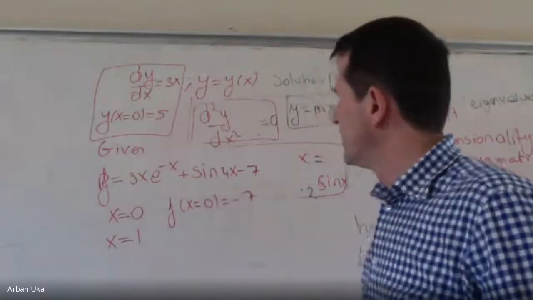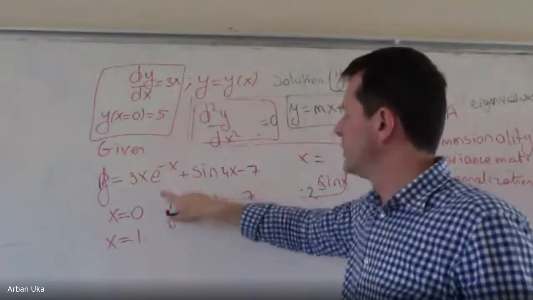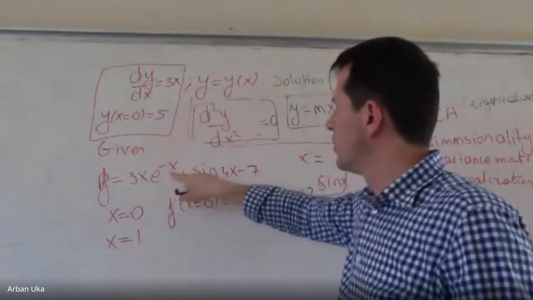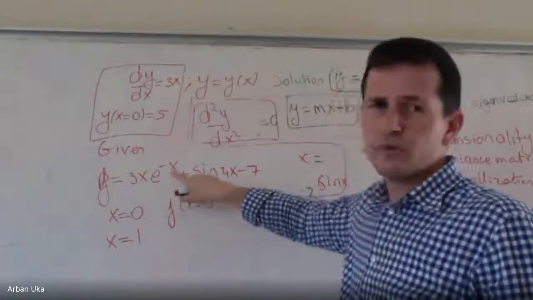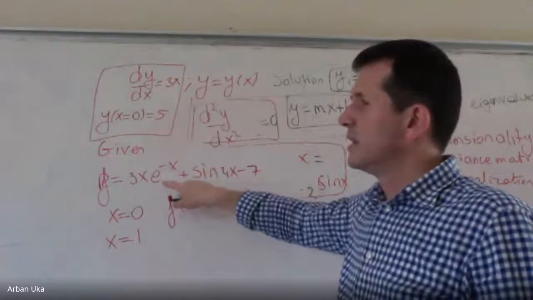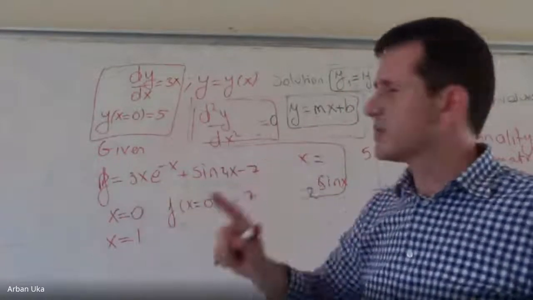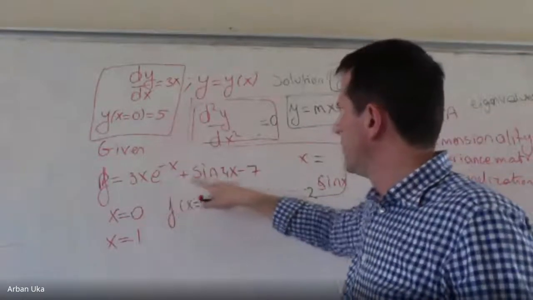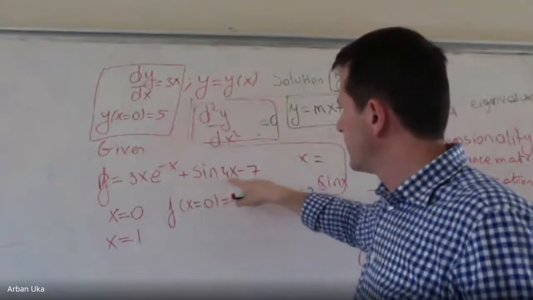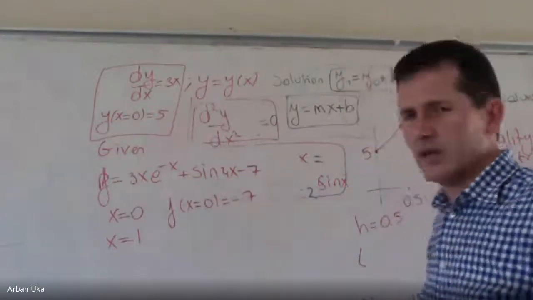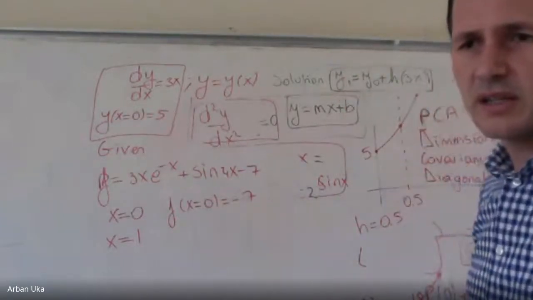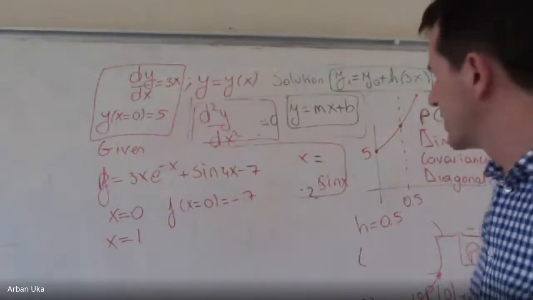Good. Now let's set x equal to 1. This is 3 times 1 over e, because e to the power minus 1 is 1 over e. So this is 3 divided by 2.7. Let this be approximately 1. 1 plus sine 4. What is sine 4? 4 is in radians, so in your calculators, please be careful.